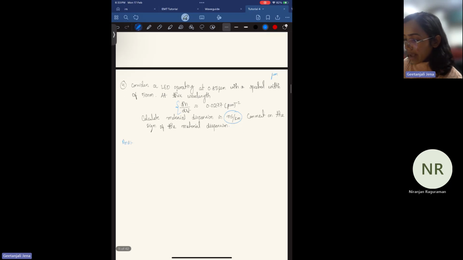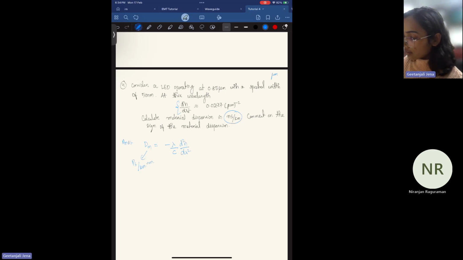Okay, so we have an LED source. Now the material dispersion dm in terms of picosecond per kilometer nanometer is given by minus lambda by c d square n over d lambda square.